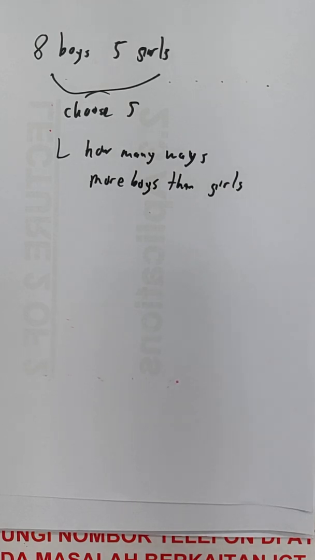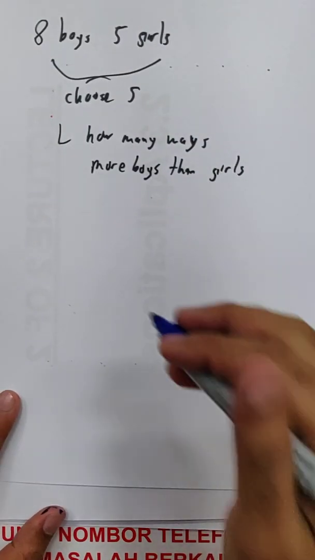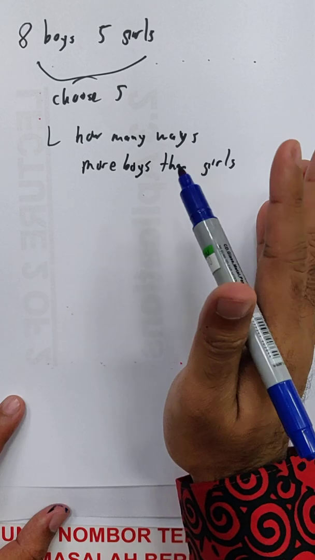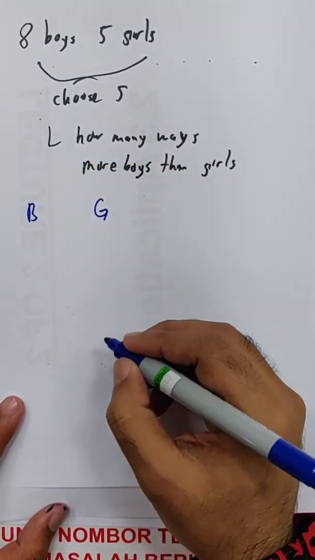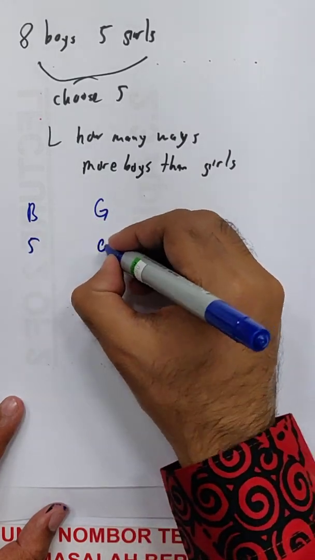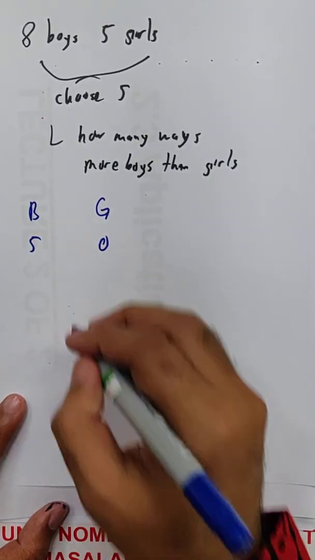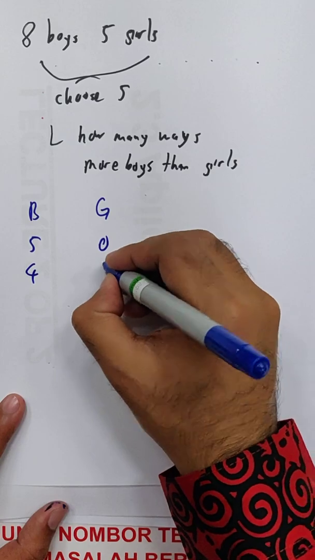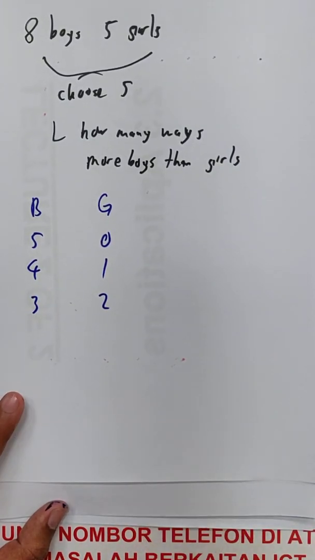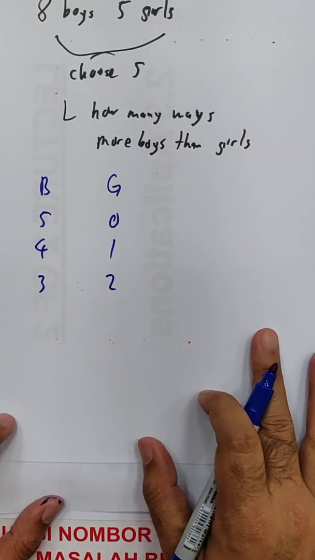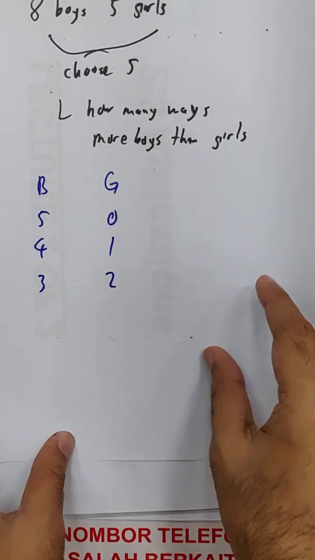At this moment, you need to plan. Okay? You want 5 people in the team. So let's say boys and girls. So either there's going to be 5 boys, 0 girl, or 4 boys, 1 girl, or 3 boys, 2 girls. This is a normal sort of thing that you need to figure out in exams. So how do you calculate it out?